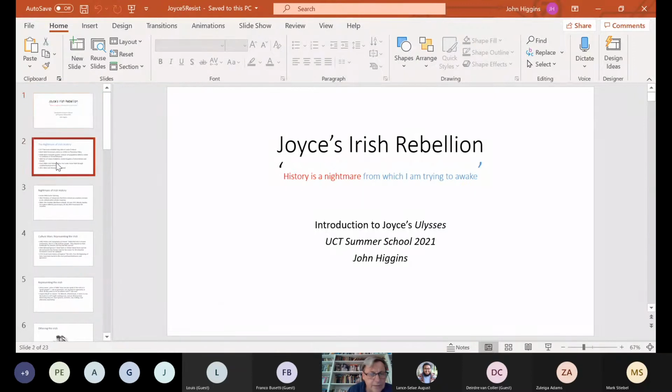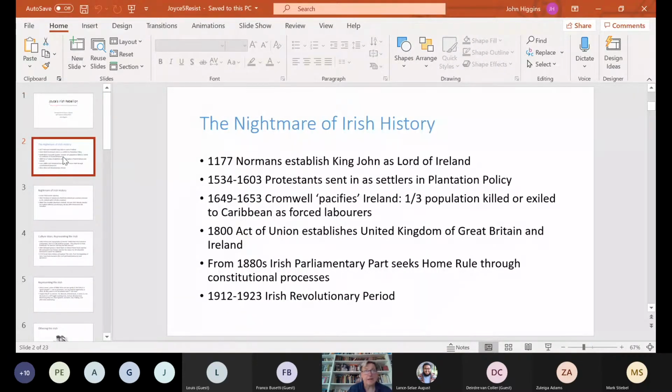Let's begin with a little reminder of that nightmare, the nightmare as history from which Stephen was trying to awake, is one largely of colonization, of the recognition that Ireland is and has been a colony of England for hundreds of years, and that in and through that there's been a great deal of violence, that Ireland has been depopulated, that a lot of its finances have been drained away in taxation, and that it's suffered from underdevelopment as a country.